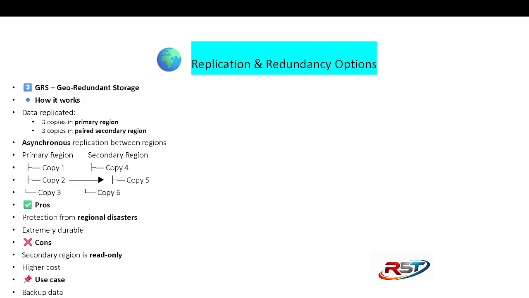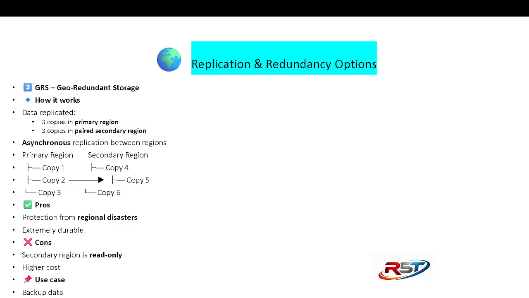Cons: the secondary region is read only. The data copied in the secondary region is read only, so we can't modify the data, we can only read it. Highest cost.